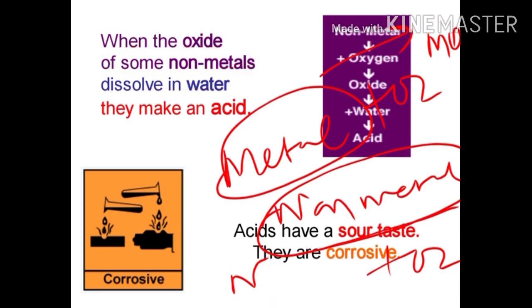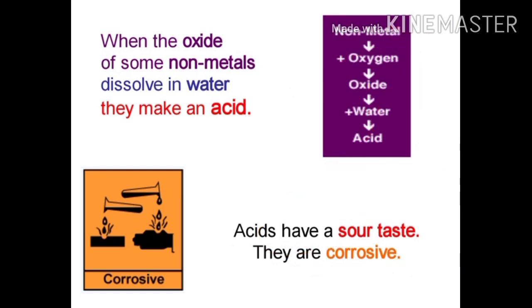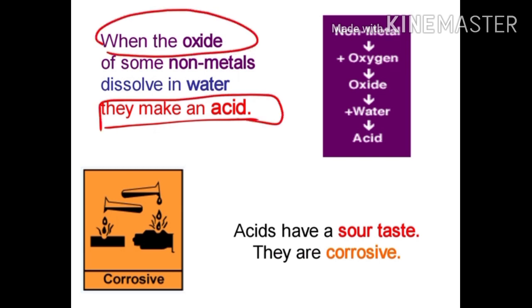This is one way to make out the acids. So how can we make out the acid? We can say that when the oxide of some non-metal dissolves in water, it will give out the acid. A non-metal reacting with oxygen gives oxide, which oxide? Non-metal oxide. When it reacts with water, it gives out acid.